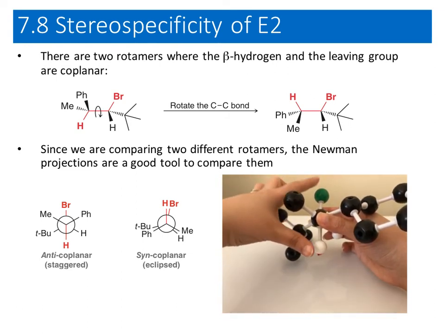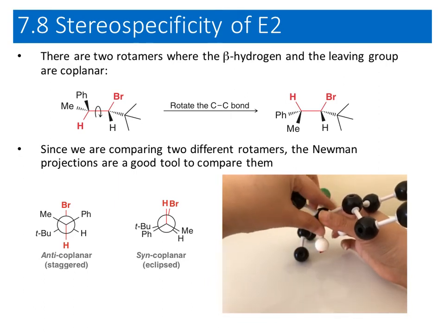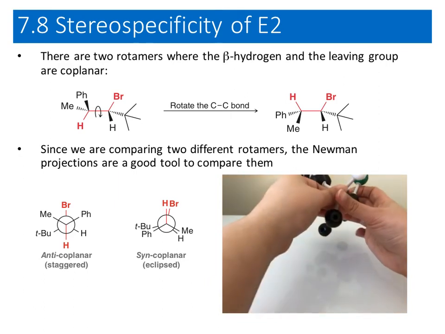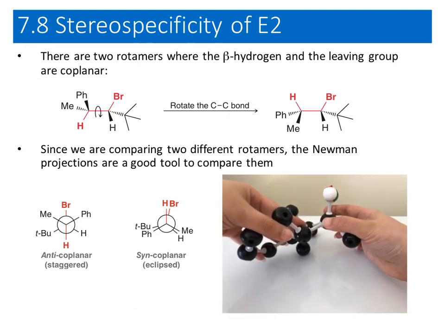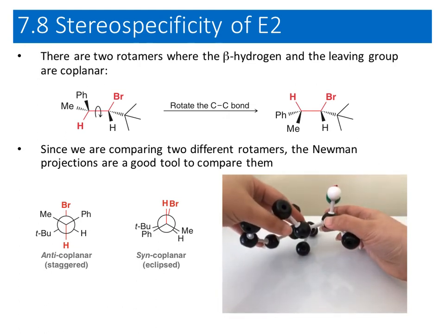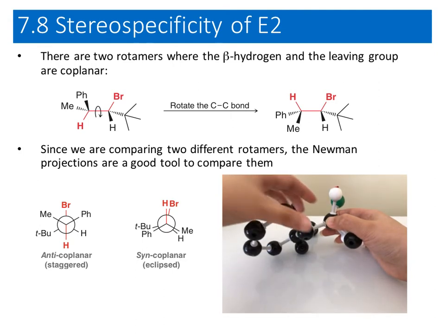This is the only conformation that can react. However, the syn coplanar conformation, which is this one, cannot react and form the product. Therefore, we are going to have only one product when we have only one beta proton through elimination reaction.